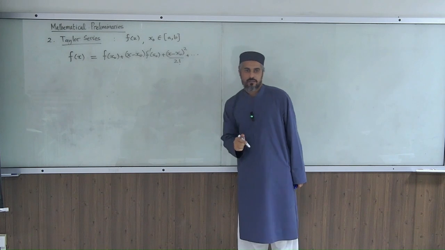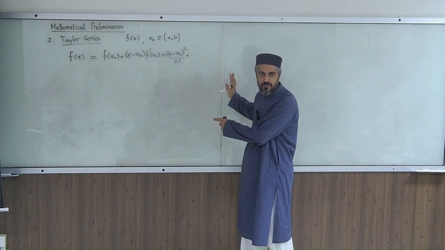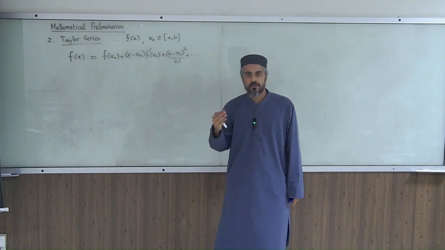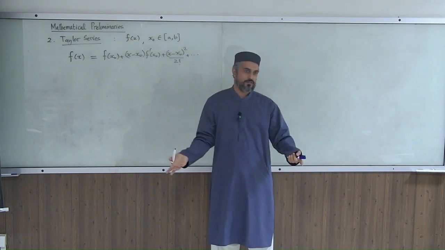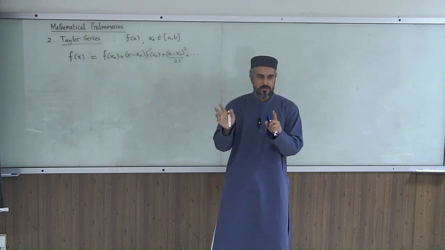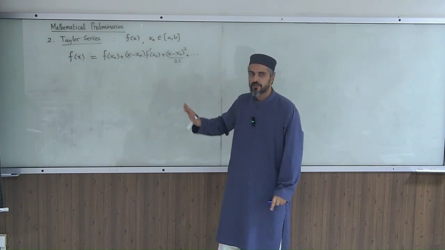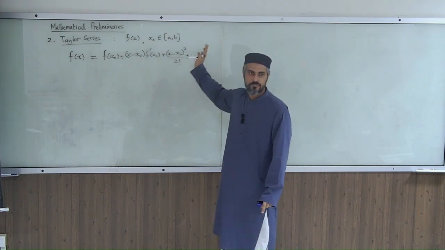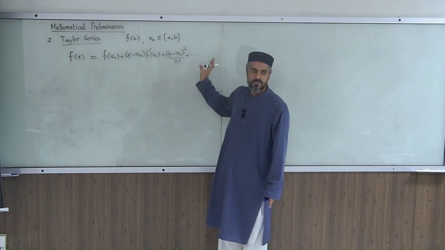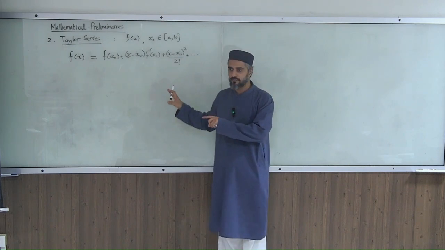On the right hand side we have an infinite series. That is a problem, because again the problem of infinity comes in, like the infinite terms after the decimal in irrational numbers. Here you see infinite terms of the series. So let me write a concise form of the Taylor series.